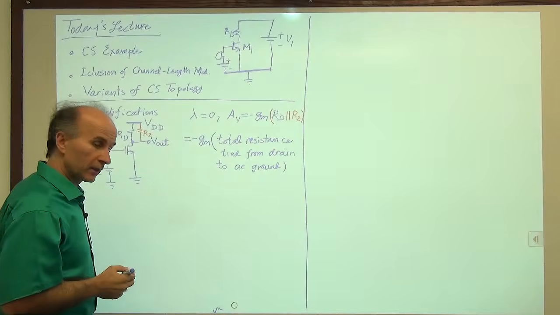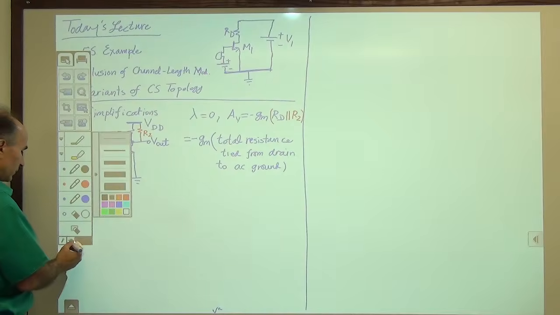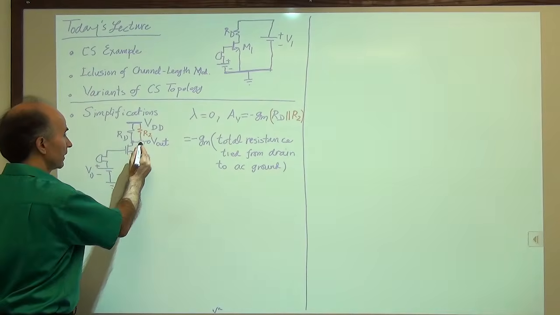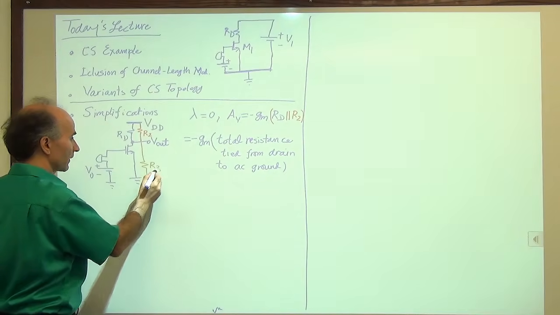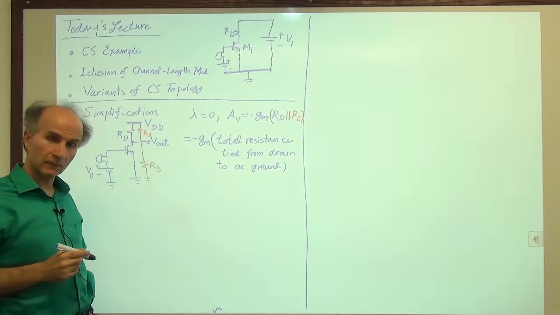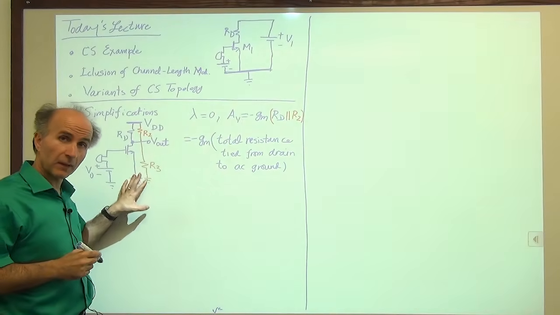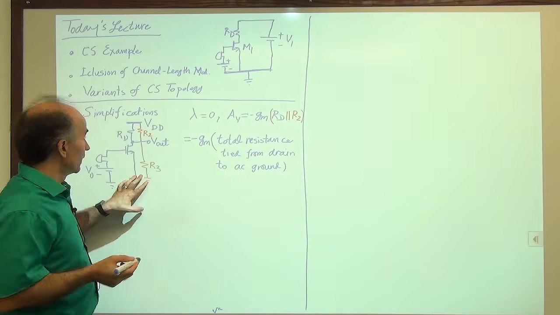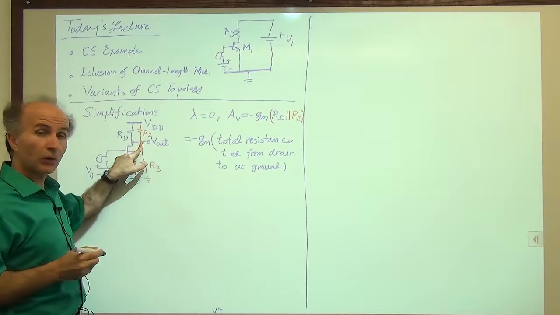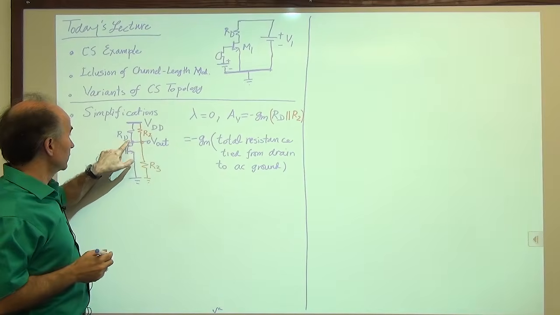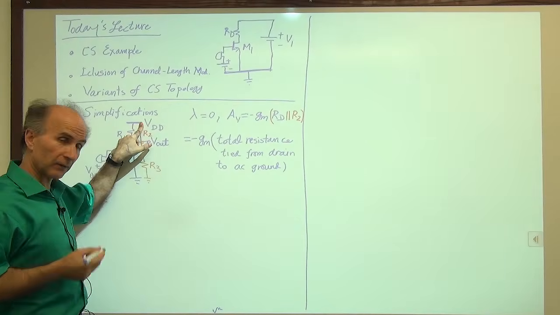Now, what if I tie yet another resistor? Let's change the color to brown. From here to ground, and let's call this R3. Can I predict the gain with all of these resistors present? Yes. From the drain node, we have RD to ground, AC ground. R2 to ground, AC ground.